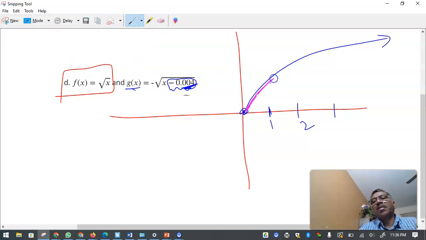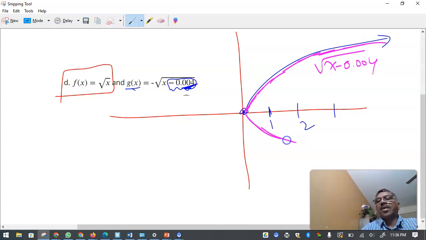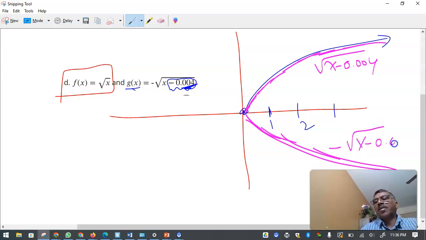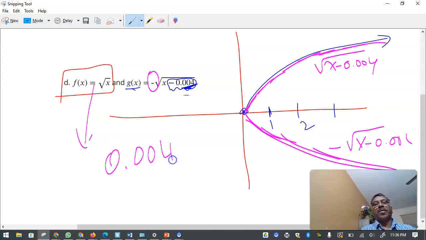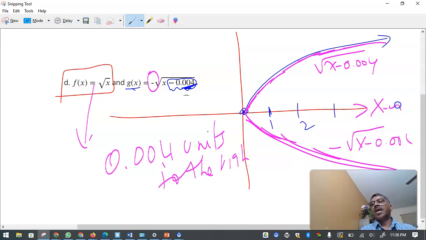So this is the new one, which is square root of x minus 0.004, and then it reflects over the x-axis, so this is the one, minus square root of x minus 0.004, because of this minus. So two things happen. First you shift this graph 0.004 units to the right, and then you reflect it over the x-axis because of the minus sign. And you're done.